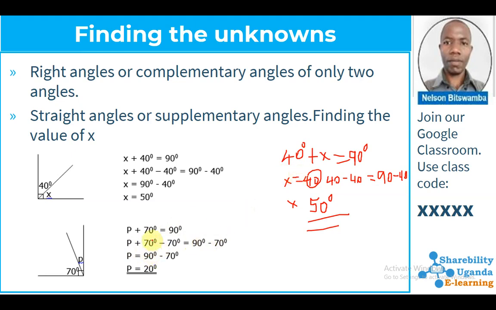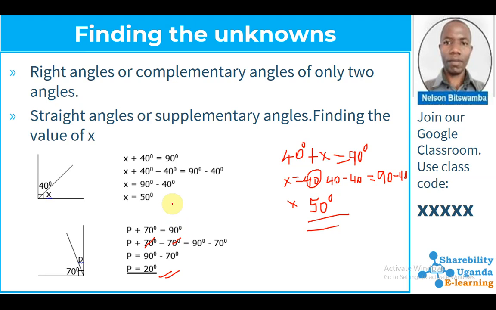When this 70 is a positive value and it crosses the equal sign, it becomes a minus. So this 70 remains 0, then we get 90 minus 70, and our answer is 20 degrees. That's how we can find the missing values when given a certain angle.